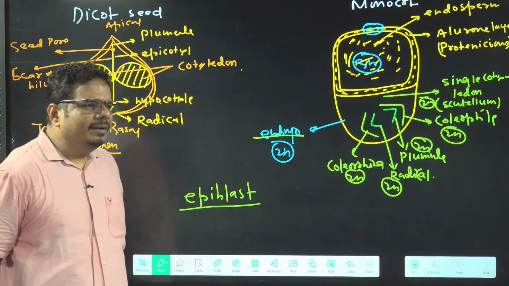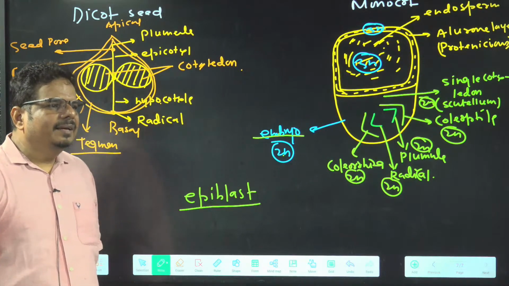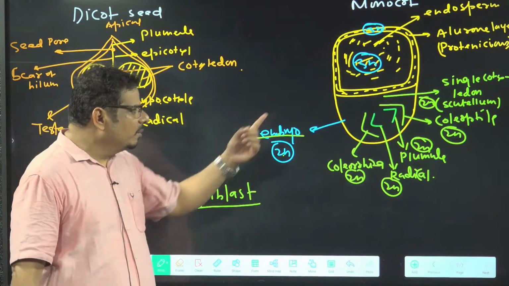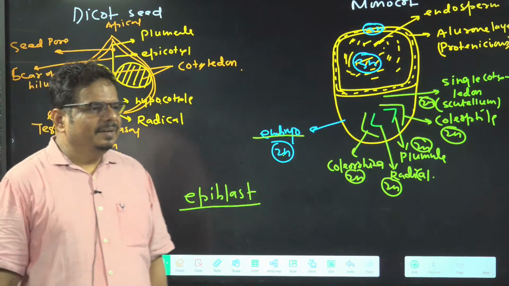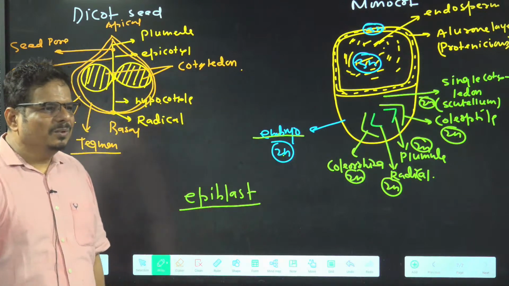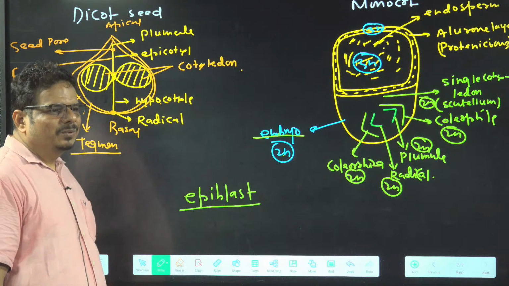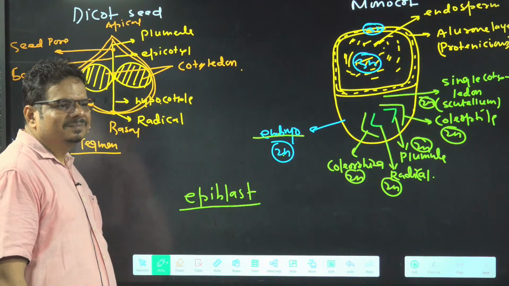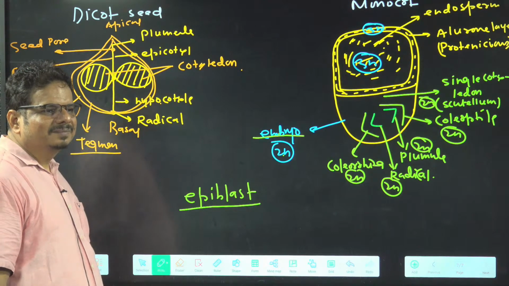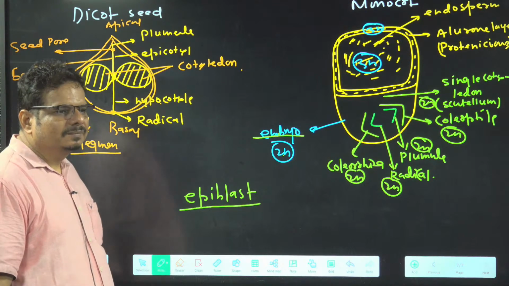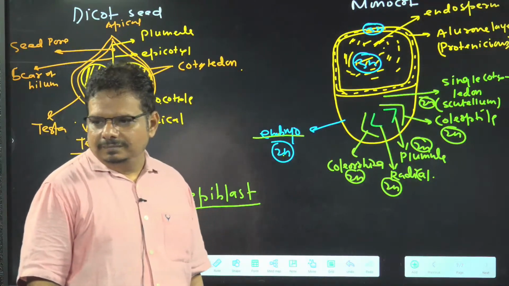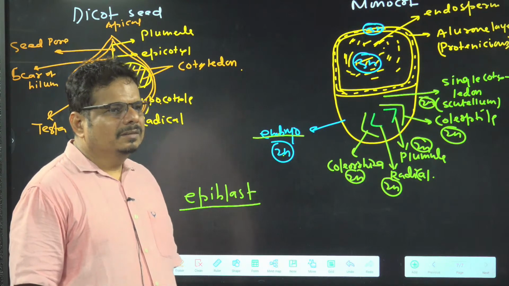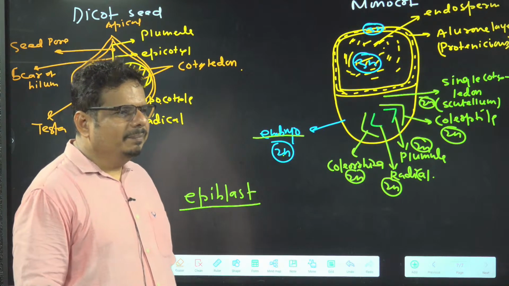It is a simple point written in second year NCERT in reproduction in flowering plants, when you look at the diagram of a monocot seed. If you wish, you can see your textbook. You will find it is written. So what is epiblast? Anybody can tell me?